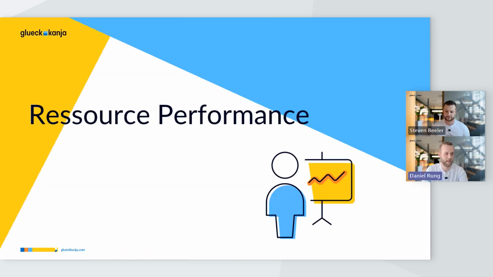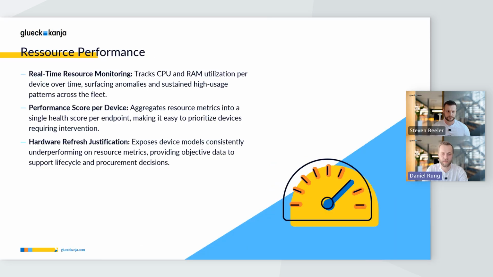Thank you, Stephen. Yeah, let's talk about the third and last report from Advanced Analytics, the resource performance one. This one shows you how the utilization of RAM and CPU is per device. It aggregates resource metrics of a device in a health score. It can help you to find the most problematic computers, or it combines also the computers in a model view, so to find the most problematic models maybe in your fleet.